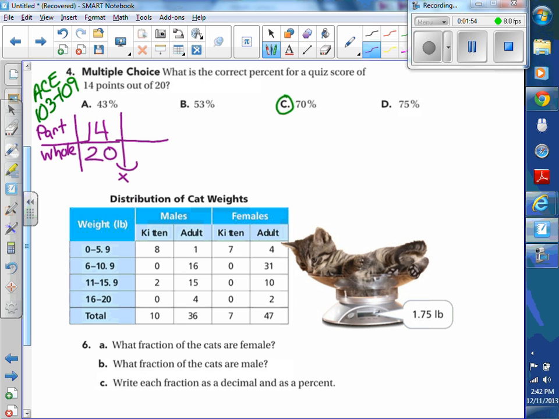Count by 20s. 20 times 5 gives you that 100, and we want 100 because percent means compared to 100. So 14 times 5, that's your 70. So since we have 70 over 100 now, our answer is 70%. Does that make sense?